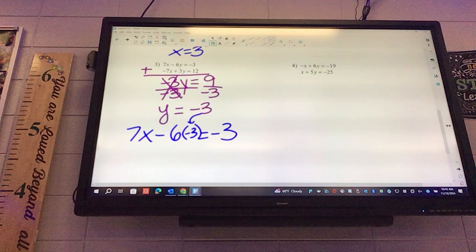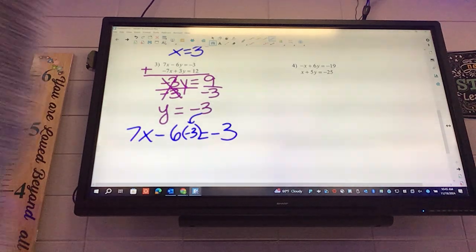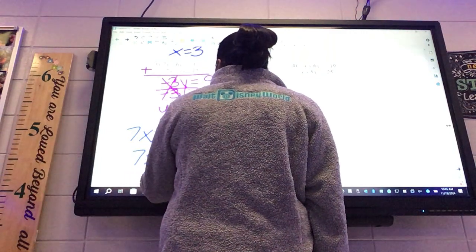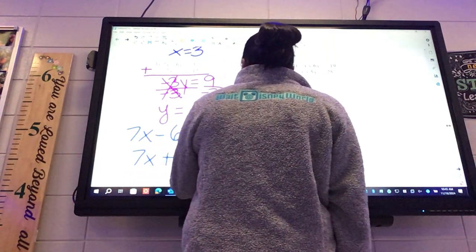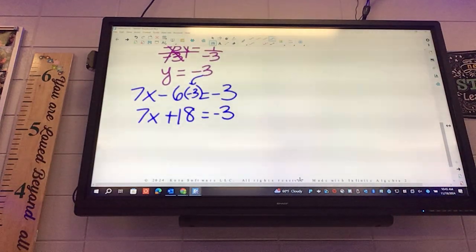From there, you're going to do the parentheses first. So negative 6 times negative 3. What is negative 6 times negative 3? Positive 18. So we're going to get 7x plus 18 equals negative 3. Okay, and then what? Remove the 18.